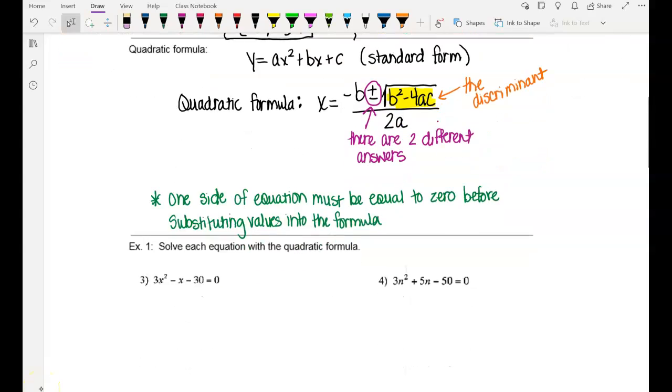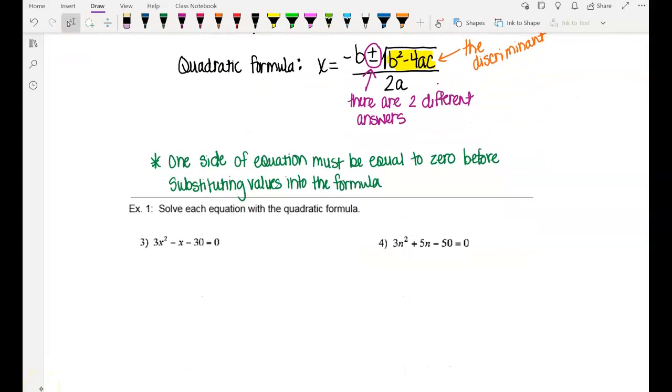All right, so as we go to apply this here, solve each equation with the quadratic formula. And that is x equals negative b plus or minus the square root of b squared minus 4ac all divided by 2a. So that is the formula that we're going to be substituting into.